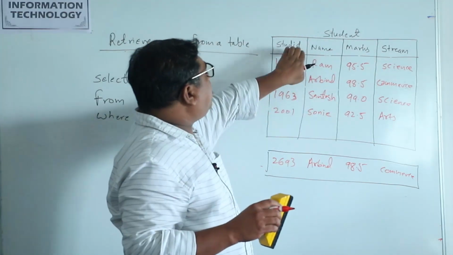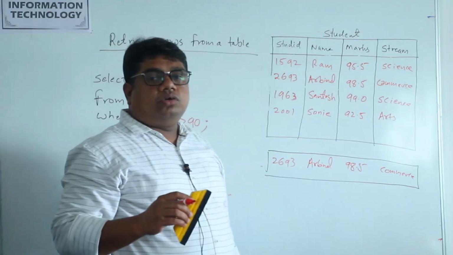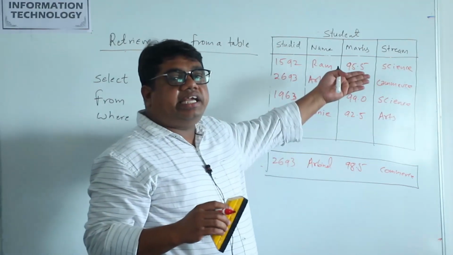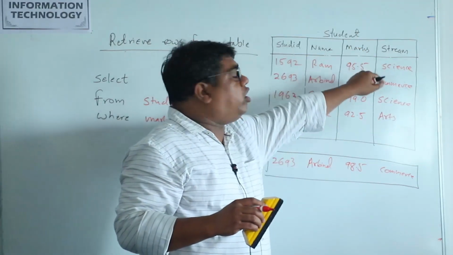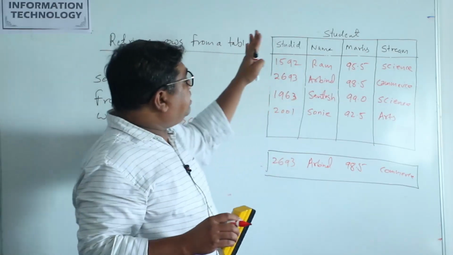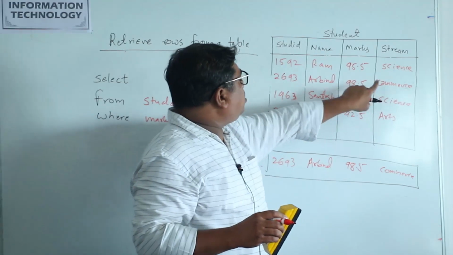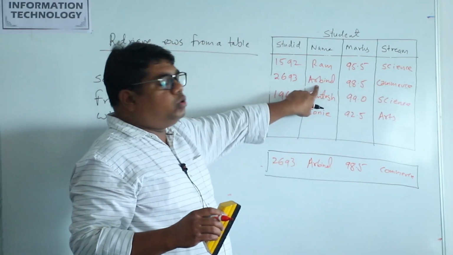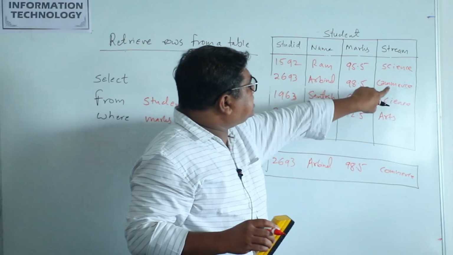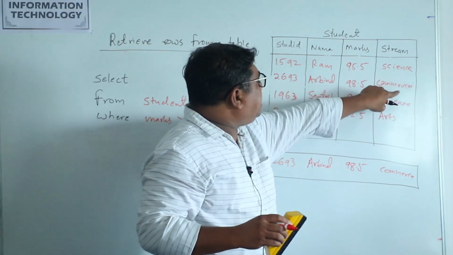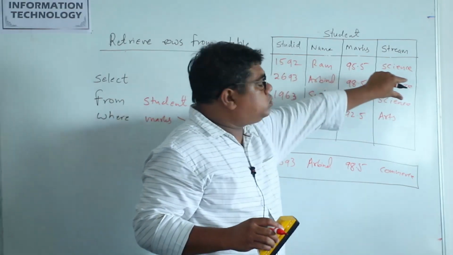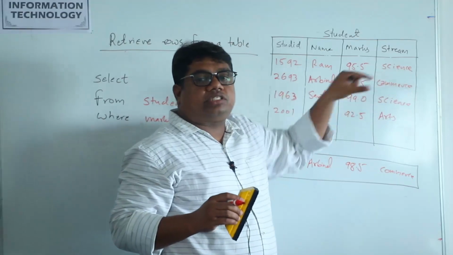That means I am going to have all the column names whose marks is above 90 and who is studying in commerce. After seeing this table, there is a single row, that is Arvind, whose marks is above 90 and stream is commerce. So I want to display only this row, and this row is satisfying the question.